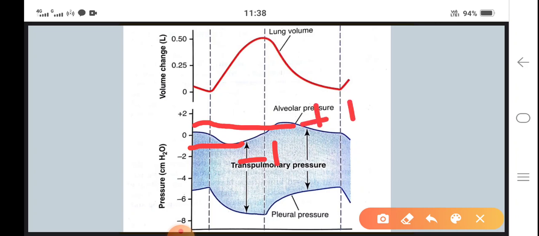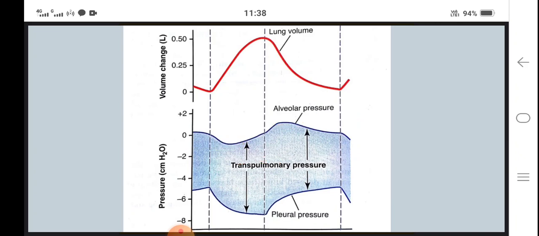When plus 1 cm H2O pressure is achieved, enough force is applied on the lungs to expel 0.5 liter of air from the lungs to the atmosphere within 2 to 3 seconds.